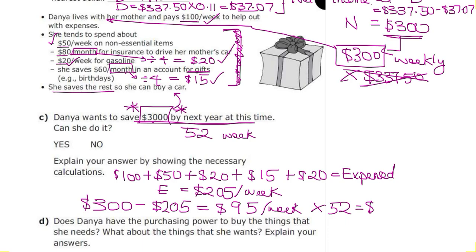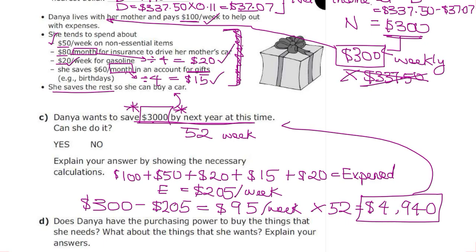So if you multiply $95 by 52, the amount of money that she raised will be around $4,940, which is way more than the $3,000 that was expected for her to buy her car.